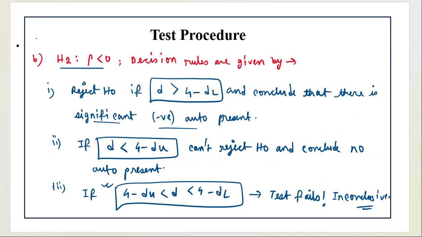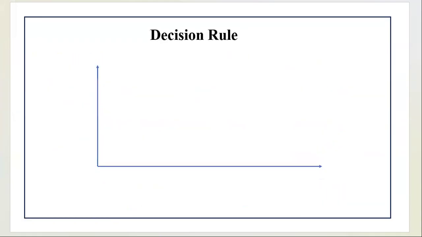Now we can depict all this test procedure in a diagram. Let's see this diagram here. Suppose we measure the D statistic value on this x-axis, and here we have f of d. Now we can define the specific values of d that we got earlier.